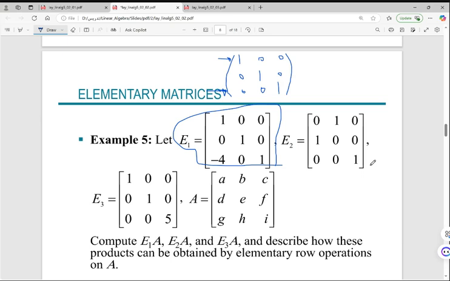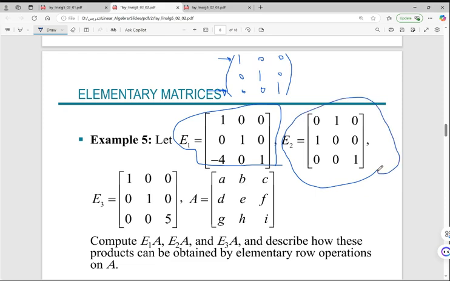You replace row 3 in I by the sum of row 3 and minus 4 times row 1. The result becomes E1. Right? Yes, doctor. Okay.